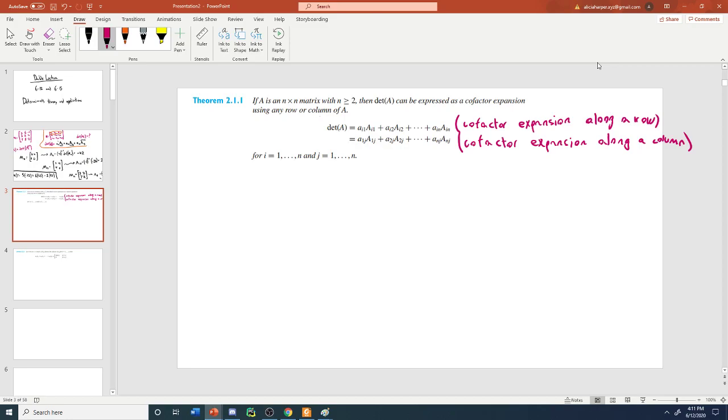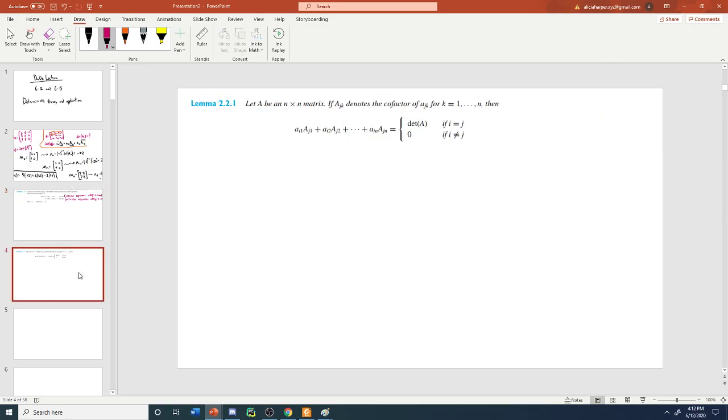To start, we will prove the following result. Lemma: let A be any n by n matrix, and let A_JK denote the cofactor of a_JK for k equal 1 through n. Then we have the following formula.